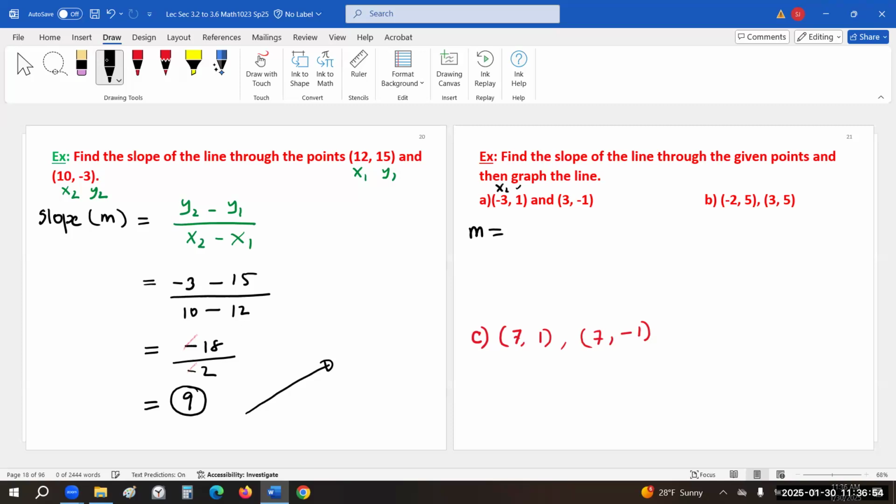So this is X2, Y2. And this is X1, Y1. Now what is your slope? What minus what? Okay, 1 minus -1.